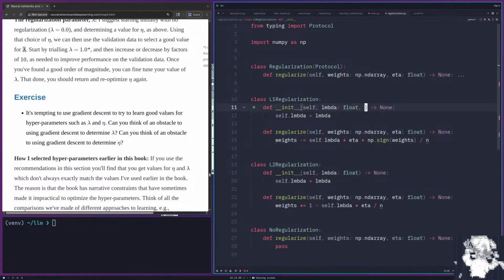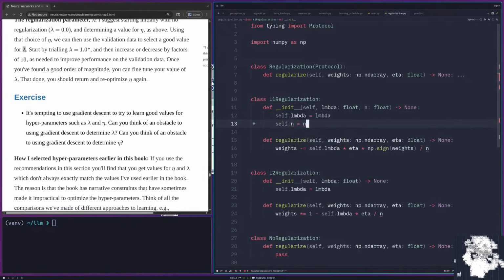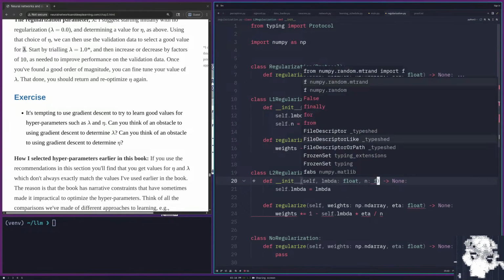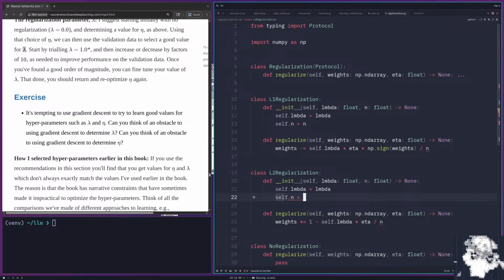But take it as input in your thing here if you need it. n is a float. self.n equals n.